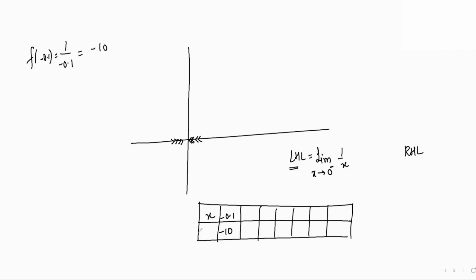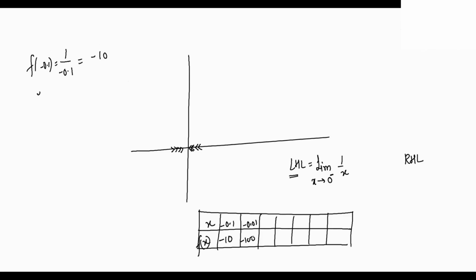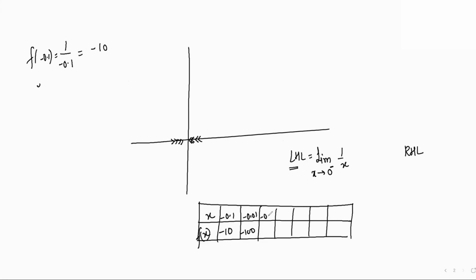If I go closer to 0 from the left, say minus 0.01, the answer is minus 100. Same way, at minus 0.001, the answer is minus 1000.